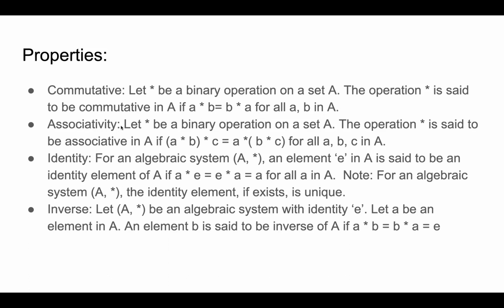Associativity: let star be a binary operation on set A. The operation star is said to be associative in A if (A star B) star C is equal to A star (B star C) for all A, B, C in A. Okay.